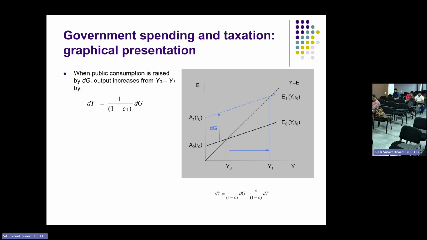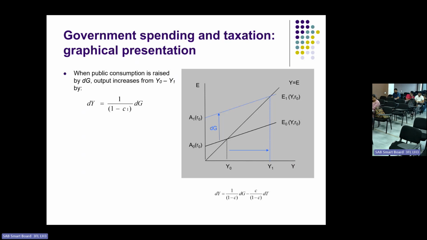So now what happened? If there is a rise in the government expenditure, the aggregate demand curve shifts upward to the right, right? When the government raises expenditure, aggregate demand increases from E0 to E1. Why does it rise from E0 to E1?